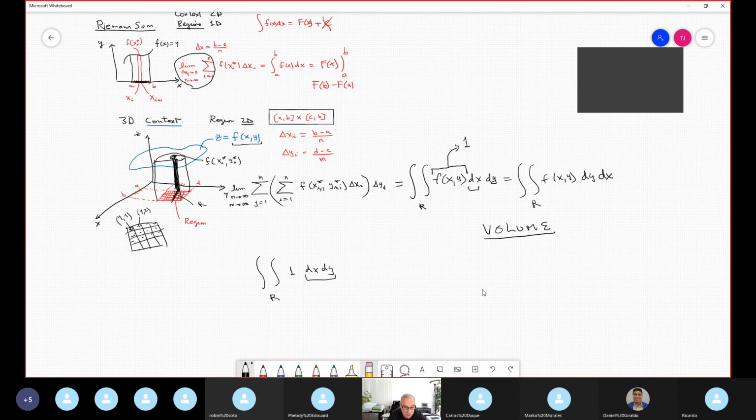Okay. The interpretation of dx dy is a small rectangle. And when you multiply dx times dy, this is the area. Sometimes this notation is frequently used: double integral in the region R of the function f of x comma y dA.